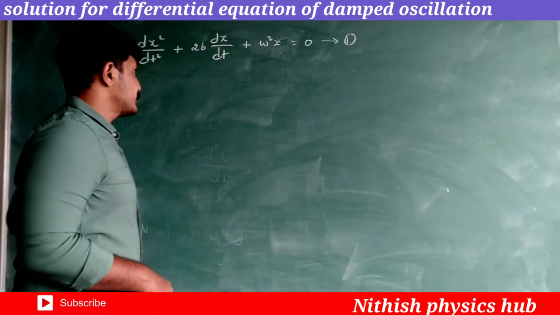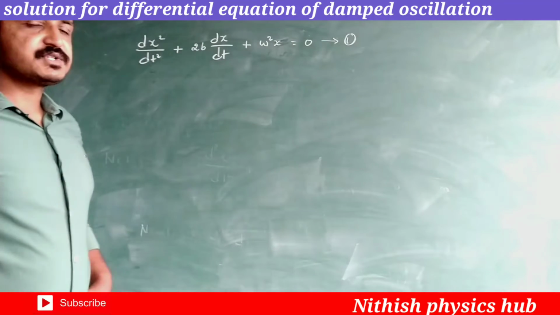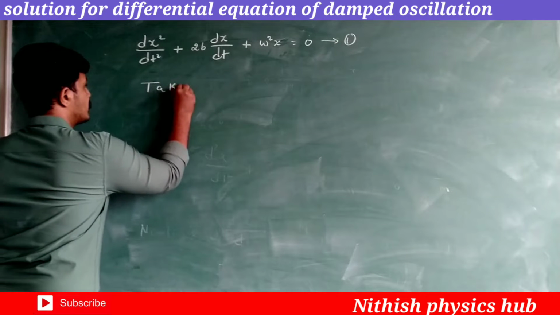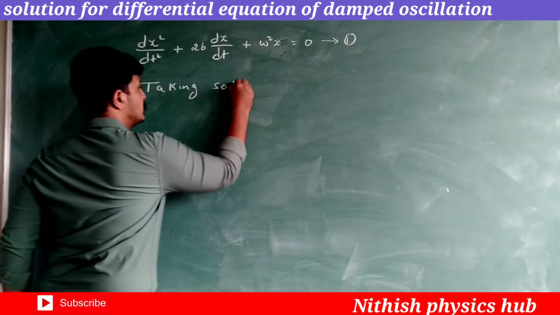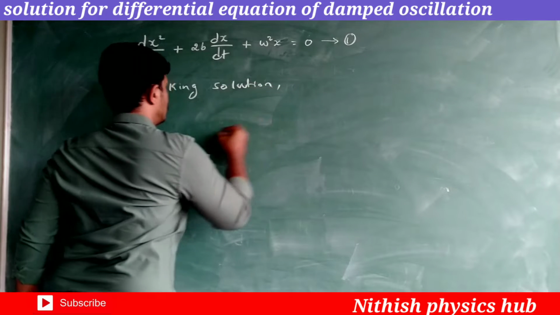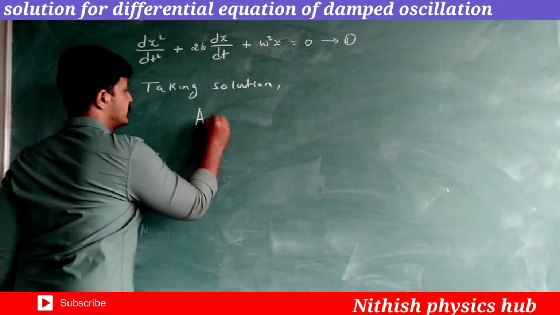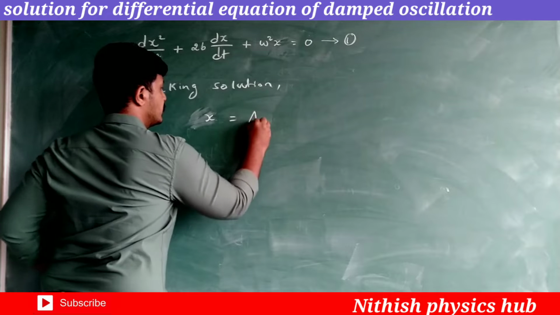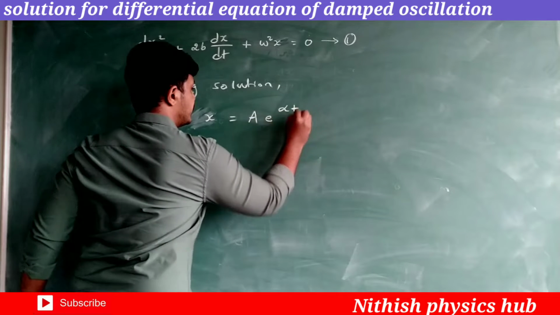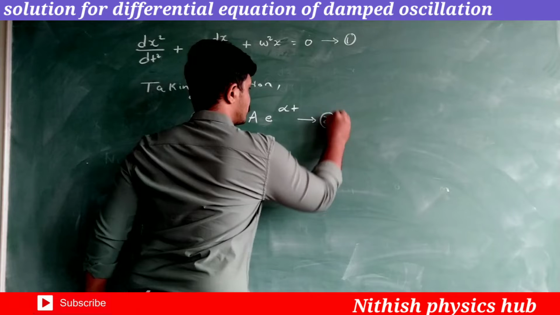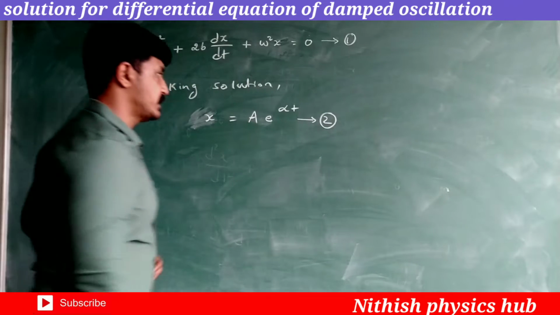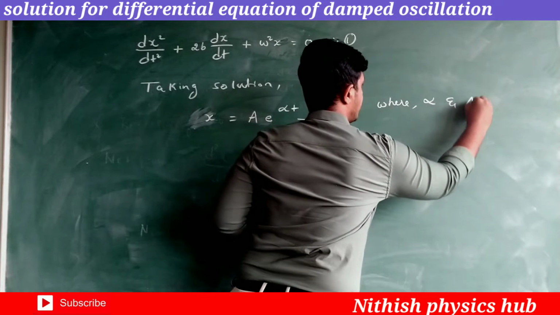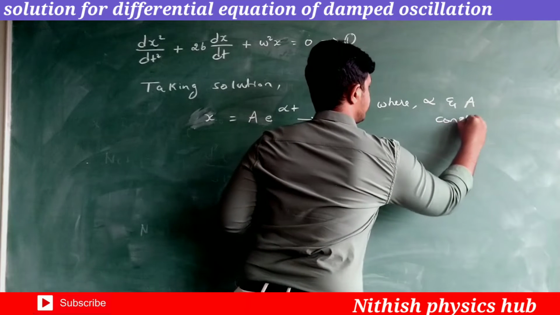Now, this type of differential equation will be solved by taking the solution x is equal to A e to the power alpha t as the solution for the above equation, where alpha and A are constants.